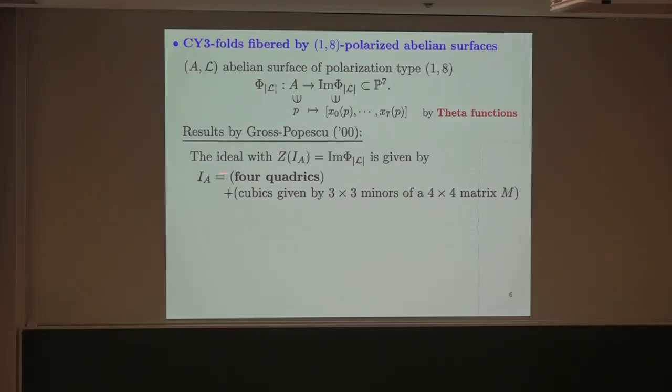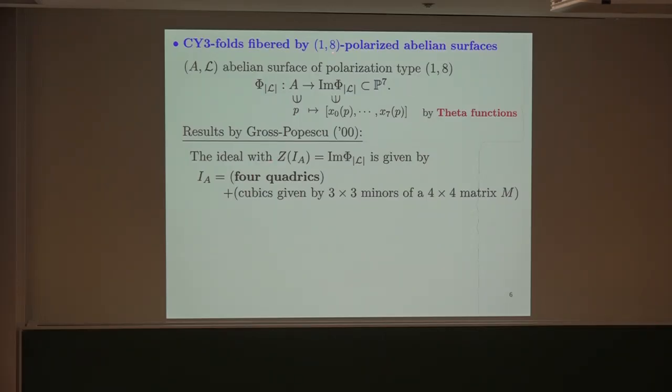We have the embeddings, but we don't know the equations for them. Gross and Popescu worked this out by polarizations. I don't know precisely whether they gave complete descriptions, but for the 1,D case they were able to describe what the ideal looks like.